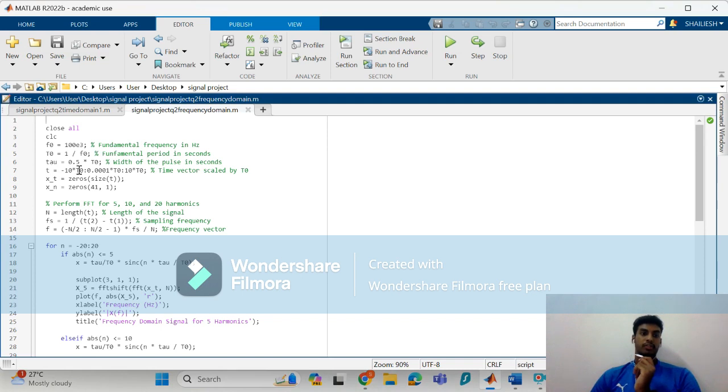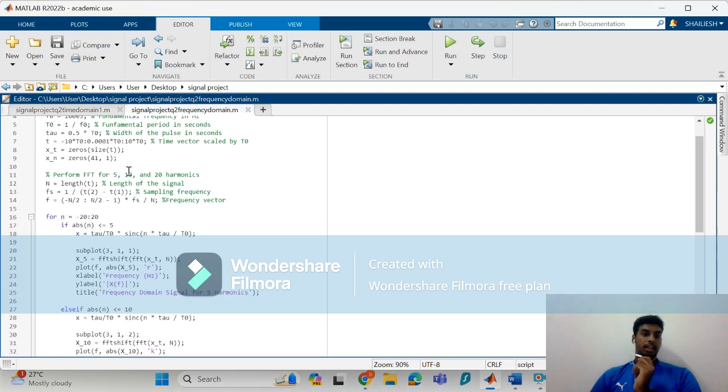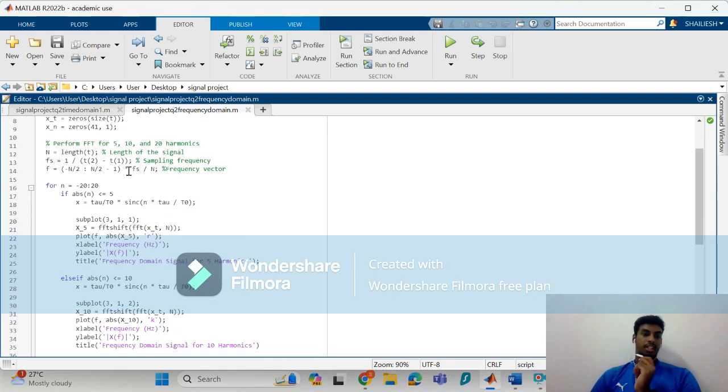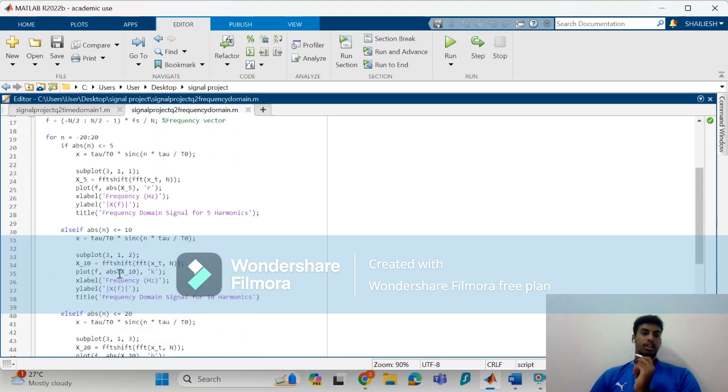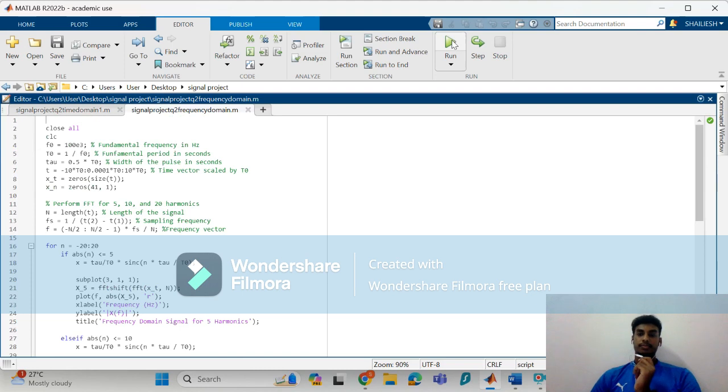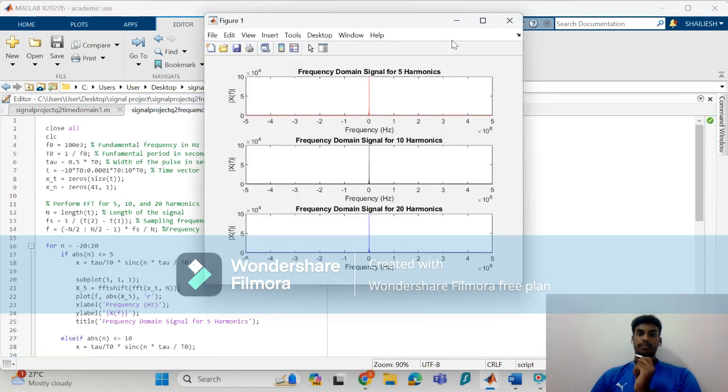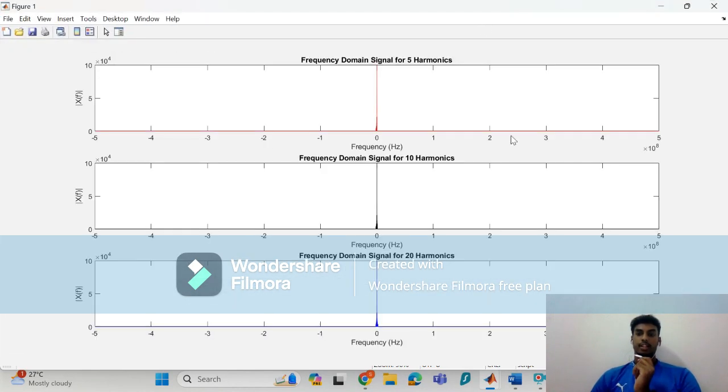Tau equals 0.5 times T0, and our if else statement. After running this code, this was our result before the low pass filter. That is all from me. Thank you.